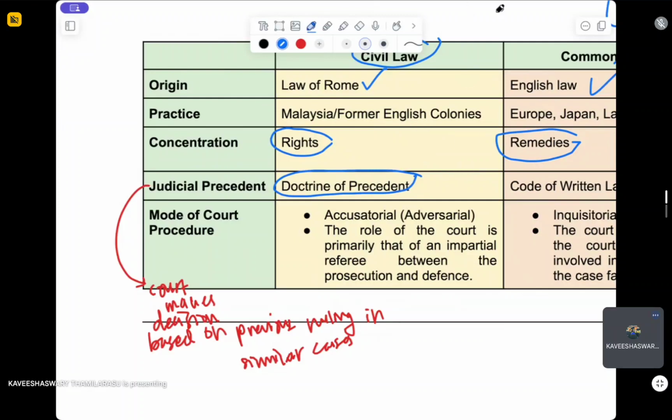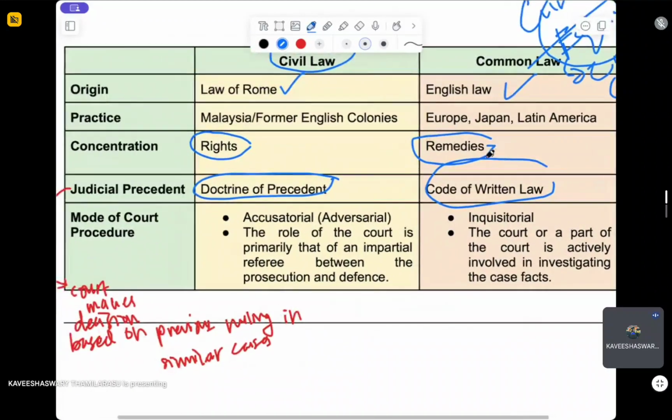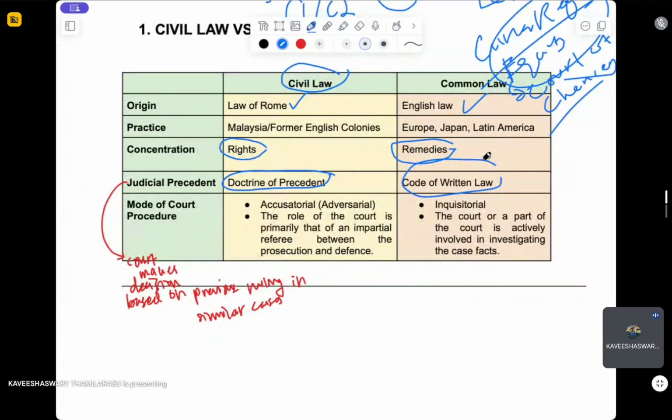That's it. Okay, and then common law, they talk more on the code of written law, because in the common law they focus more on the written law. For example, as I said, in the common law we had equity and so on. All of this was the written law in the past. They really focus more on the code of written law, which typically refers to a comprehensive and systematic compilation of laws or statutes that have been codified or organized into a single document or a set of documents.